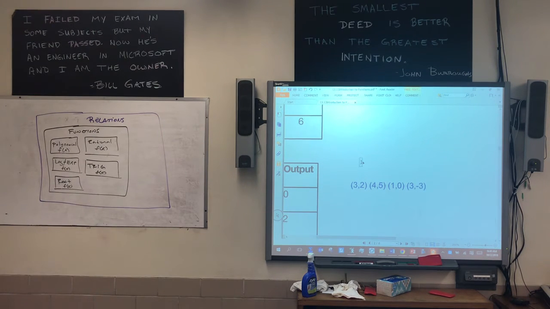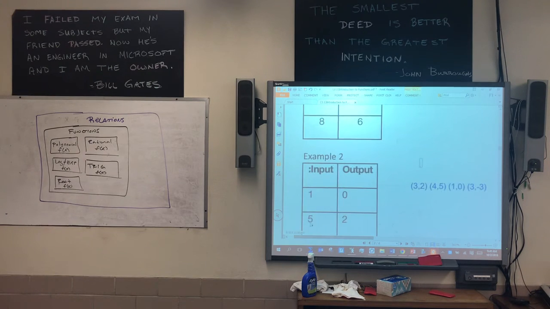So I look and say, are there any x values that are duplicated? I do have an x value that's duplicated, right? Do they have different y values? Yeah. So I got a y value of 2 and a y value of -3 with that x value of 3. That violates the function. But that's just an alternative form of a table.